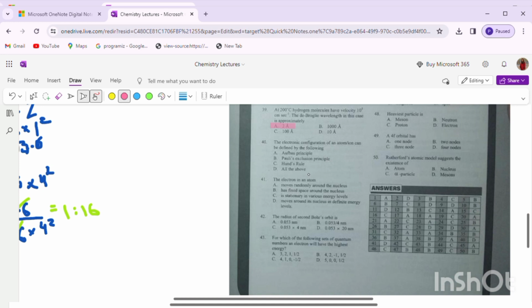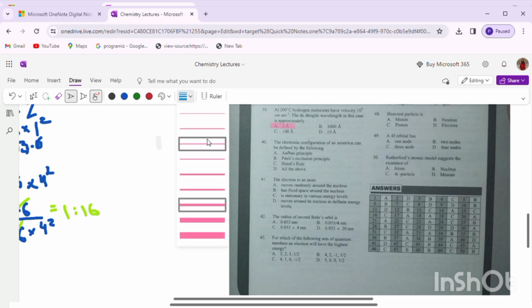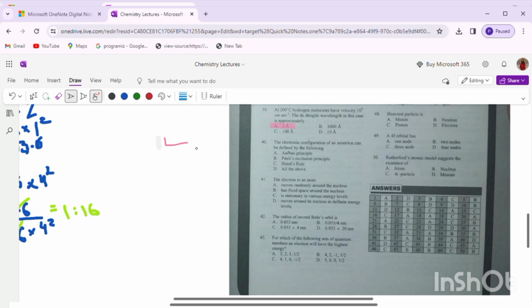What does Hund's rule say? Basically, we need to give one electron to each orientation, like we have here in p. Wait, let me change the color and the size. So I have p, and here I have 3 orbitals.